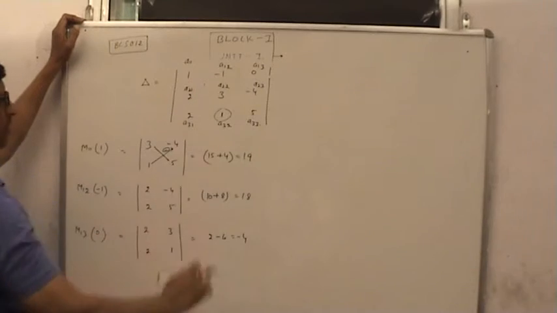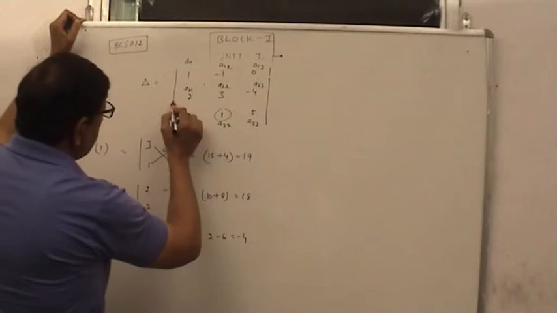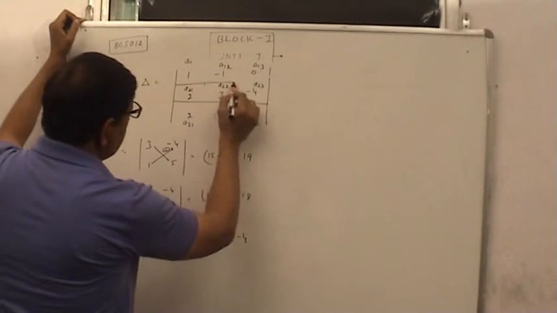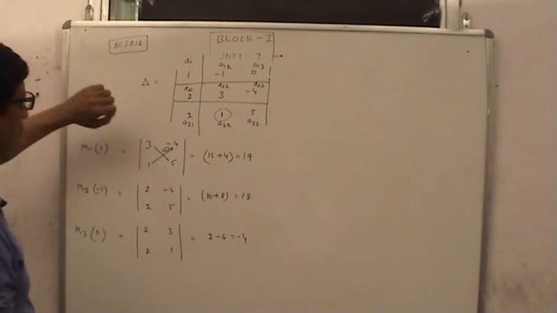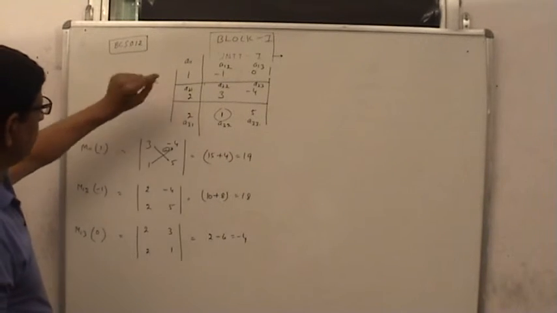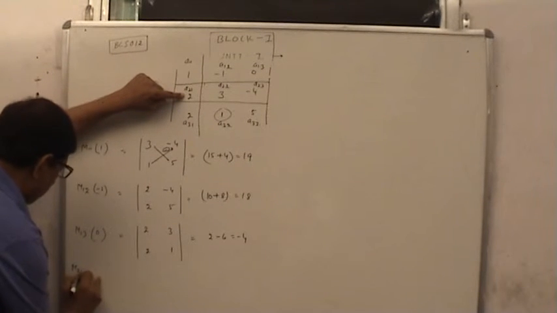Remove these lines. Now we are doing the second row. Trap the second row in this way. Then draw this line so that the first column is outside the trap. This element is 2. It is M21.